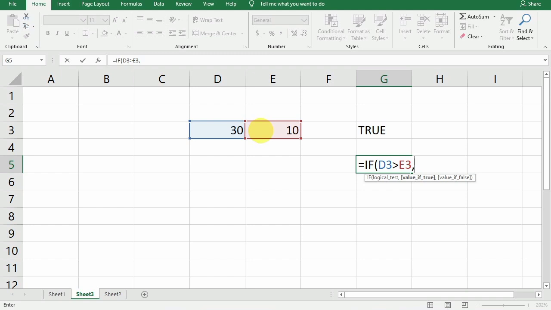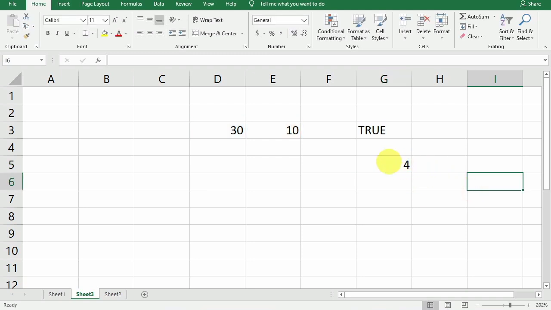Let's put a simple calculation, 2 plus 2, comma. Now if D3 is less than E3, let's say it is not true that D3 is greater than E3, let us say 0. Let's close the bracket and press enter. Now bam, we have 4.